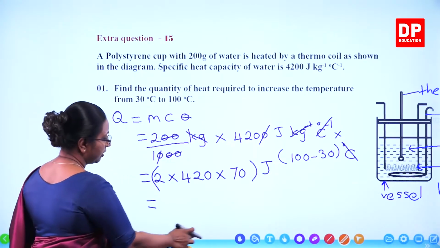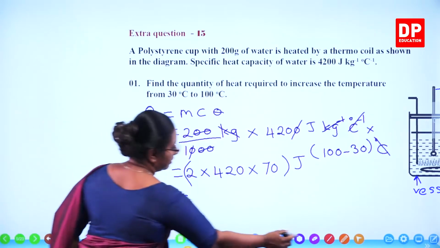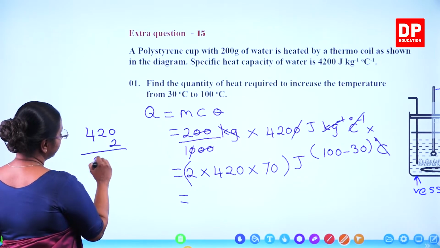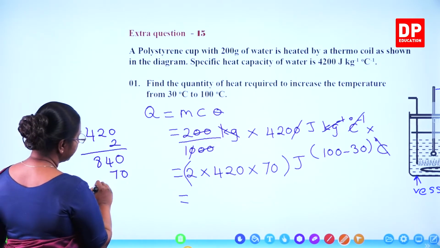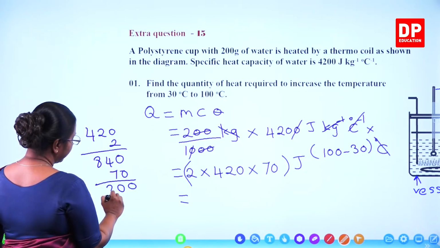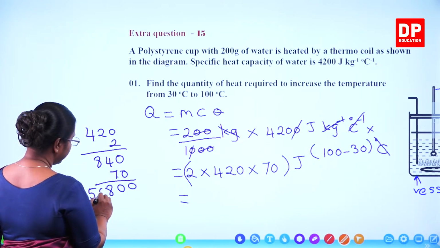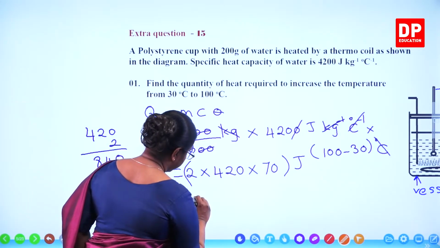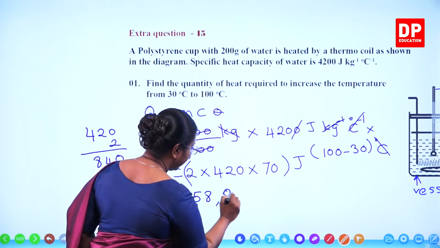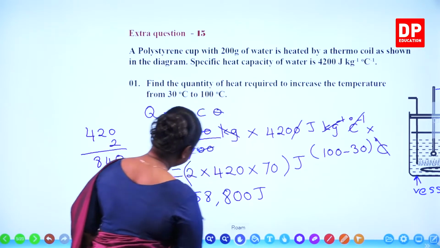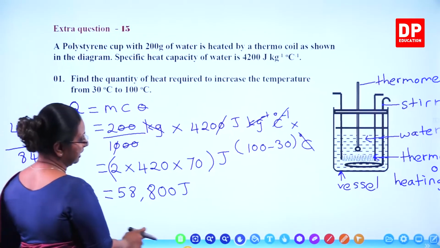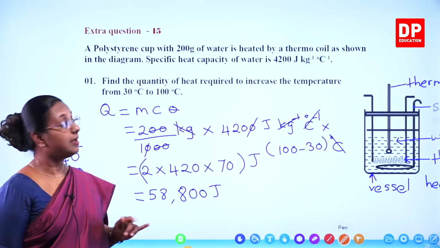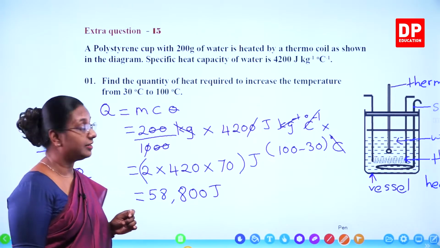If we simplify the values, 420 into 2 is 840, into 70, 4 into 7, 28, 56, 58. So it's going to be 58,800 joules. That is the amount of heat that is needed to increase the temperature from 30 degrees Celsius to 100 degrees Celsius.